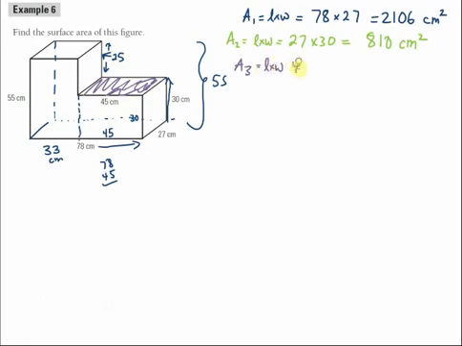Length times width, 45 times 27, which is 1215, and centimeters squared.